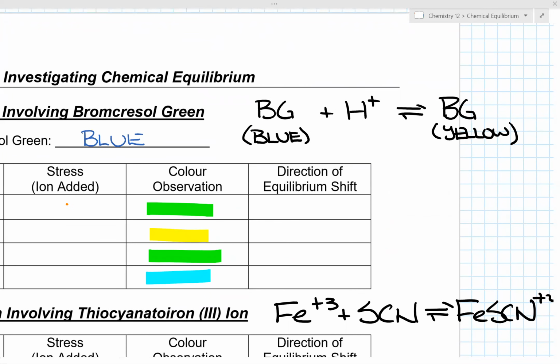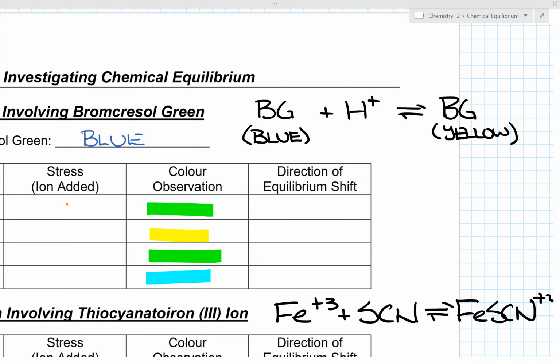So which direction did the equilibrium shift toward? Did it shift, in this case, towards the product, or towards the reactant? If it is going from blue to green, did it go in this direction, towards the door, or this direction, towards the window?